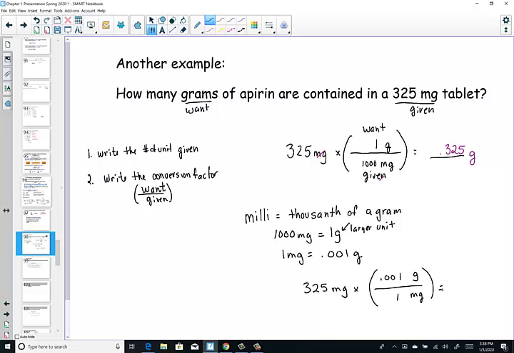And we're going to end up with the exact same answer. Do you see that? 325 times 0.001 still gives us the same answer. We've canceled milligrams and converted to a gram. So it does not matter which direction you use for these metric equivalents; my preference is to put the 1 next to the larger unit.